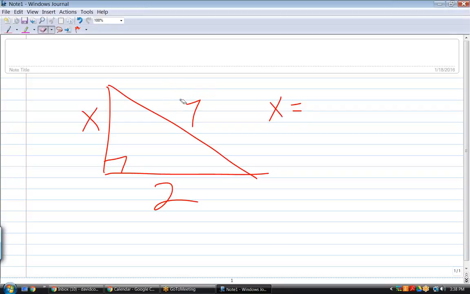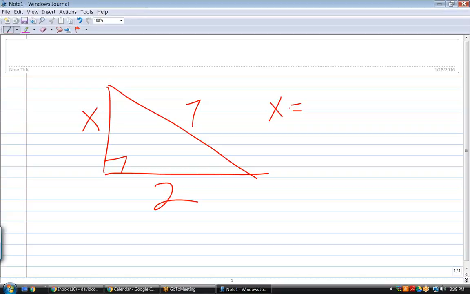Let's start out with that problem right there. Let's use this triangle where the hypotenuse is 7 and this side is 2. Solve for x.